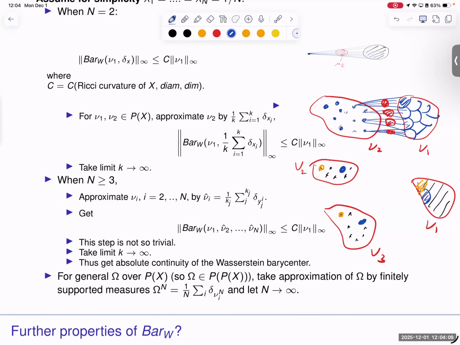So you still have a similar partition structure as before.